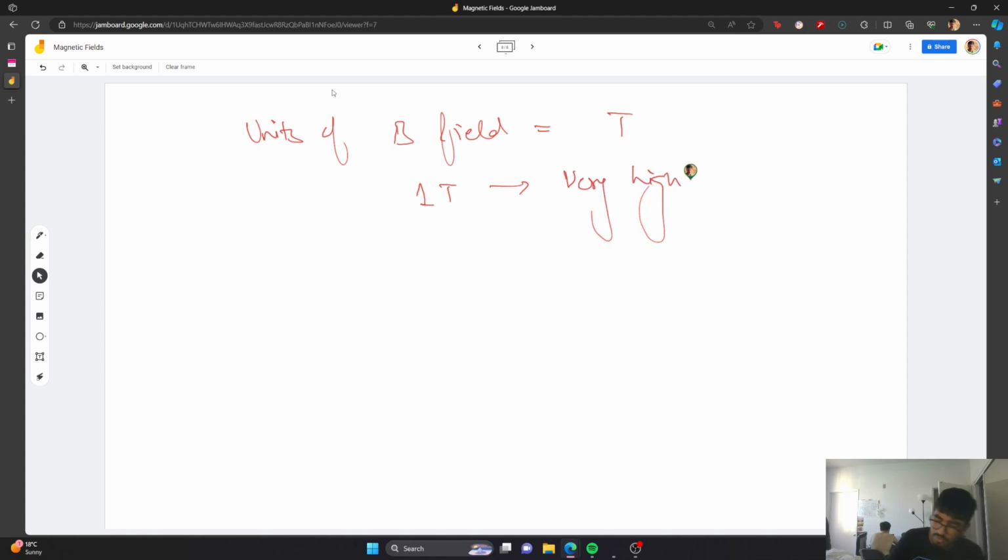What we observe is Earth's magnetic field is around 1 Gauss, which is about 10 power minus 4 Tesla. This is the usual unit that we use, so we scale it by an order of 10 power minus 4. So these are the two common units for magnetic field, right?